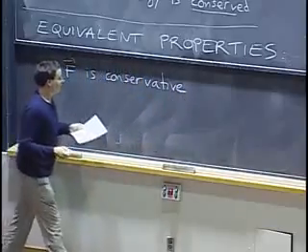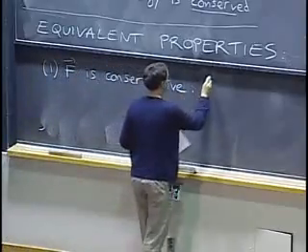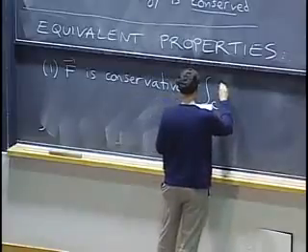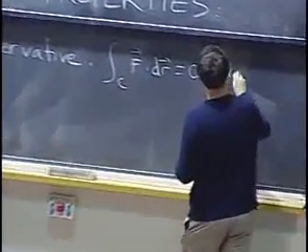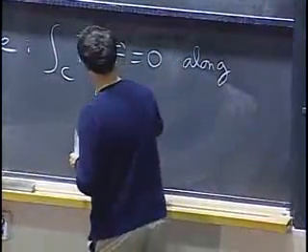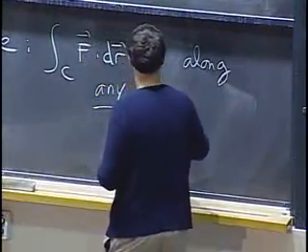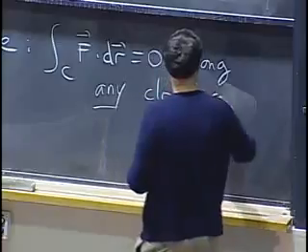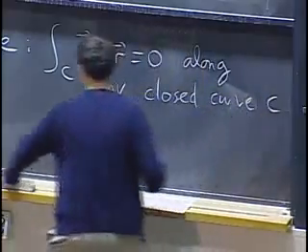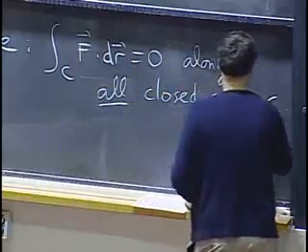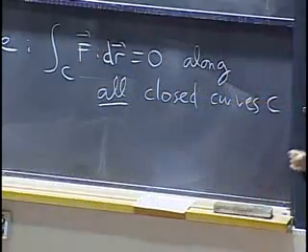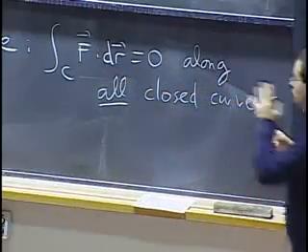To say that a vector field is conservative means that the line integral is 0 along any closed curve C. Maybe to clarify, along all closed curves. Every closed curve that you give me, I get 0.